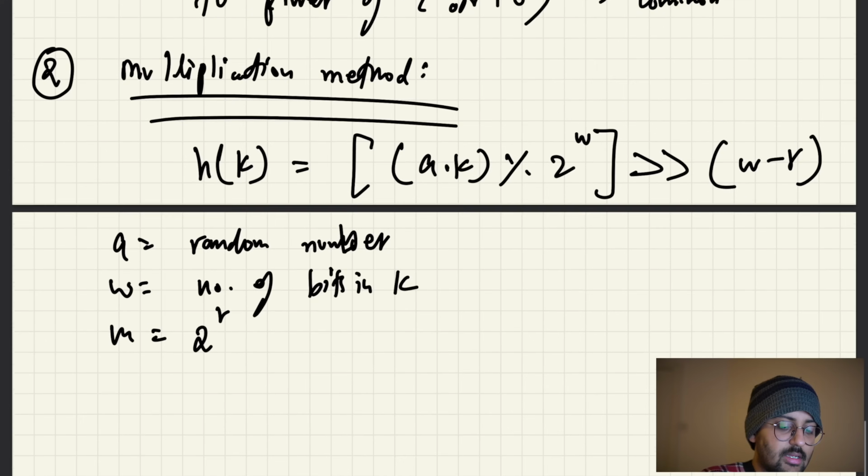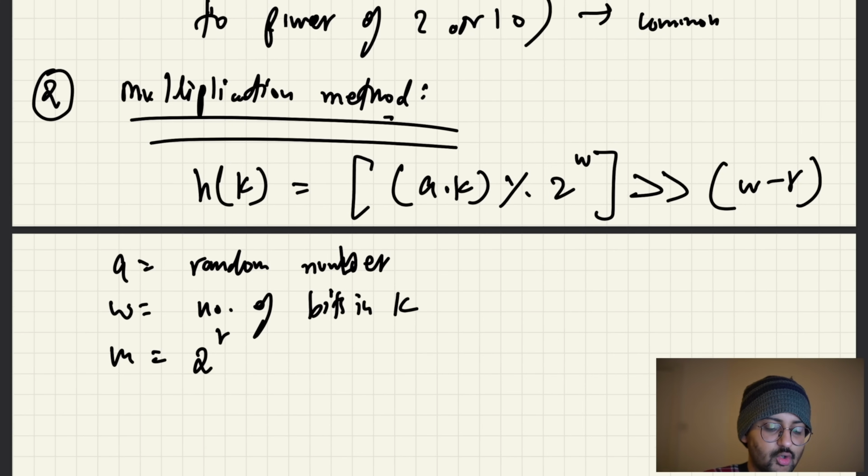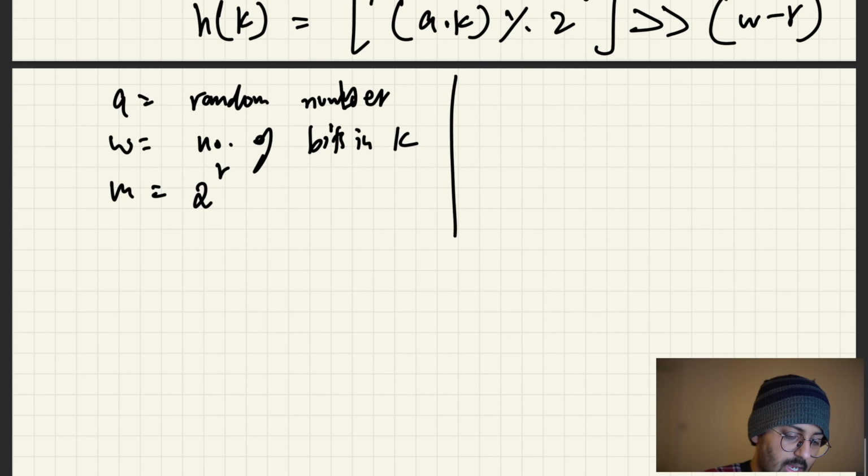Many times the multiplication method is used because multiplication, the bit operations, are faster than division. And this is just one of the popular formulas that people use to calculate the hash value, where the item will go.